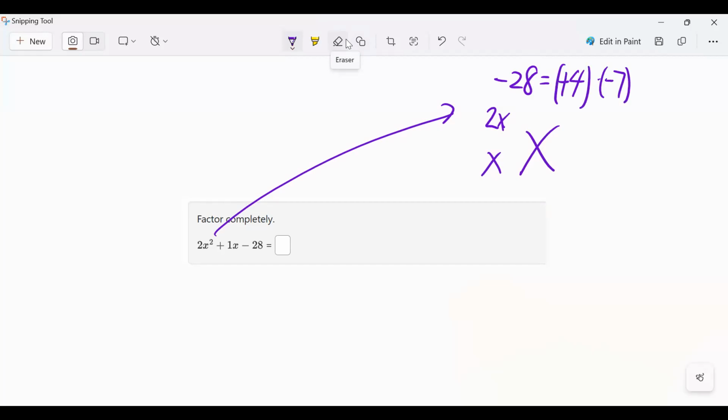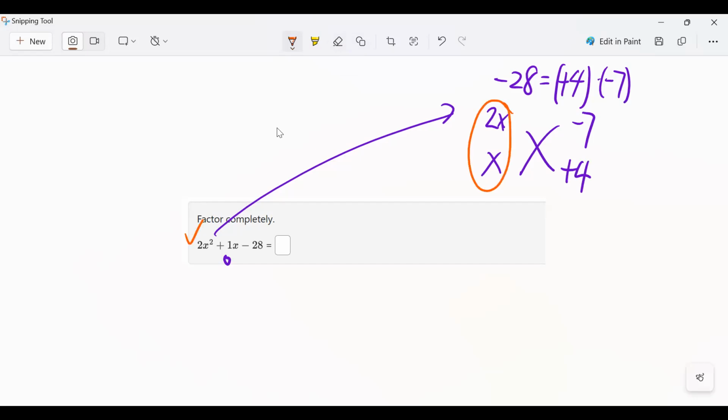Now the middle term is positive 1x, so we need to get 8x and 7x. If you do 2x times 4, we get positive 8x. Negative 7 times x gives us minus 7x. Combine them, we get a positive 1x. So the first term we break down like that.